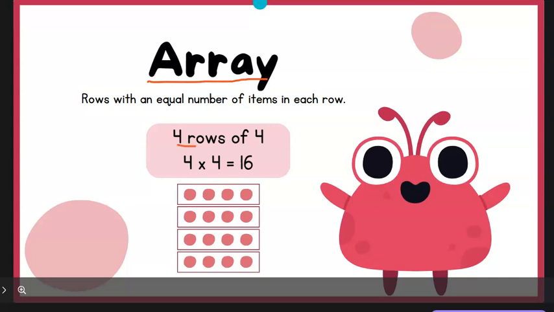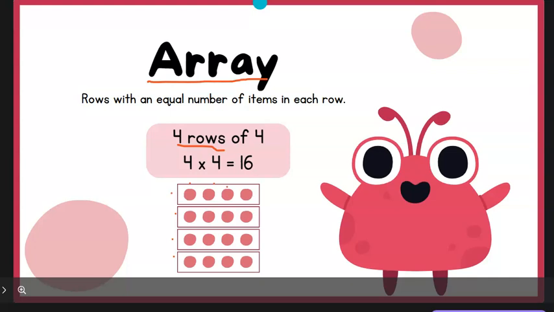So you have 4 rows. That's 4 rectangle boxes, 1, 2, 3, 4, going down, with 4 dots in each. So 4 rows of 4.